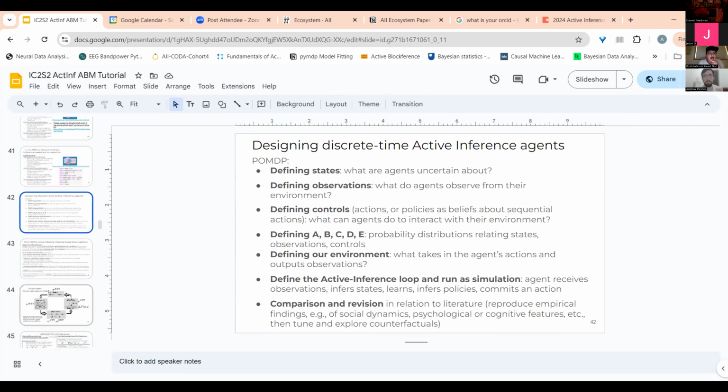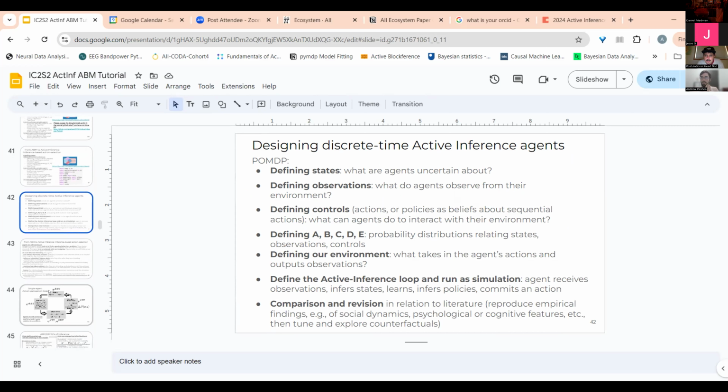Whenever we construct active inference agents, the starting step should be, in my view, what are the hidden states that the agent has in their generative model? What are they trying to infer?